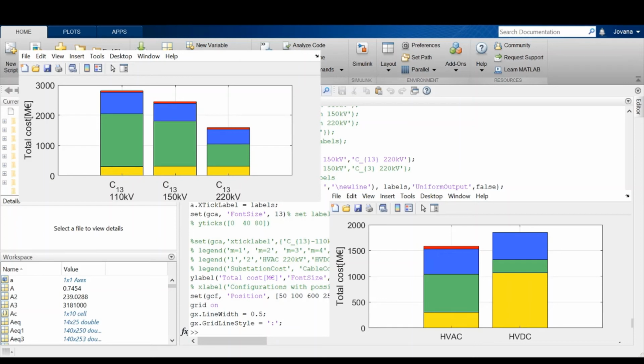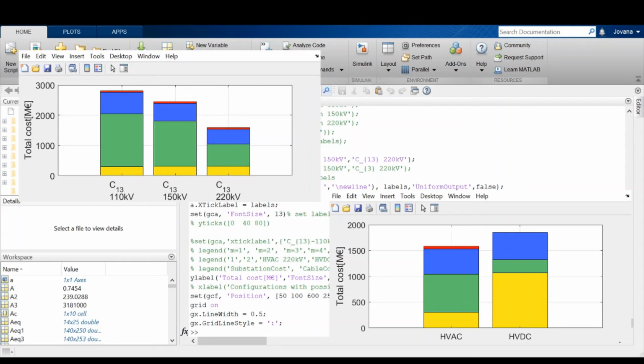So from here we can see that 220 kV is the suggested optimal voltage. And we can see that the total cost of the cables, which is the green color, affects the total cost of the optimal design for the HVAC configuration the most.